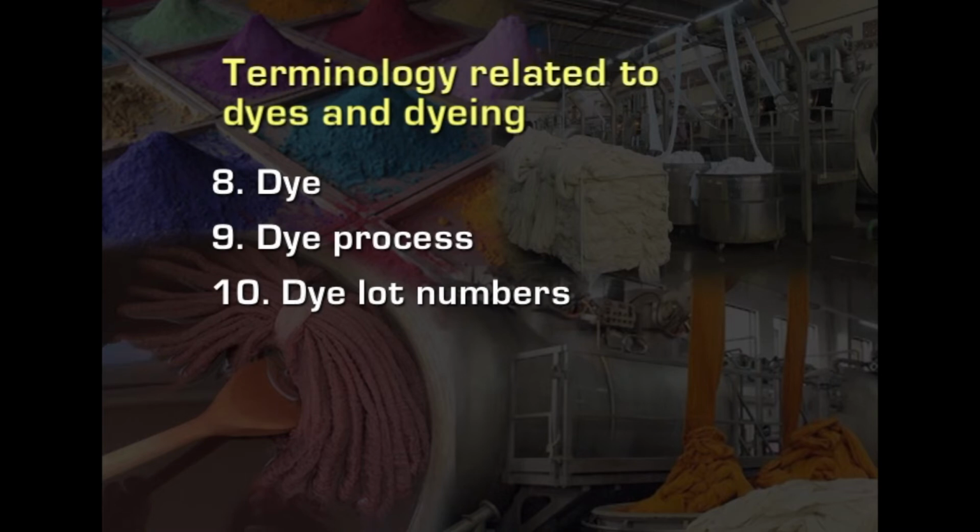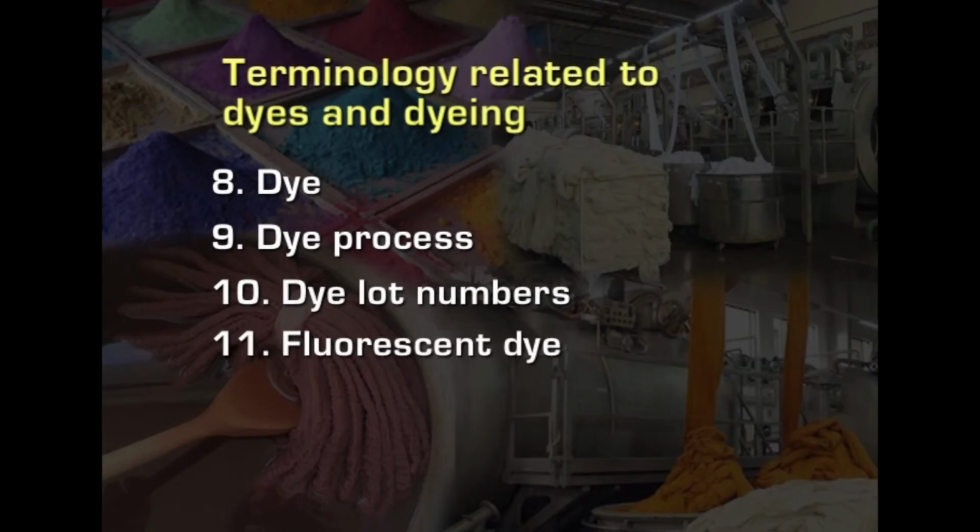And dye lot numbers. Once a color has been selected, it is essential that its formulation be kept consistent, and so each batch that is dyed must have its own dye lot number, so that there will not be any ambiguity or any kind of problems that come later.